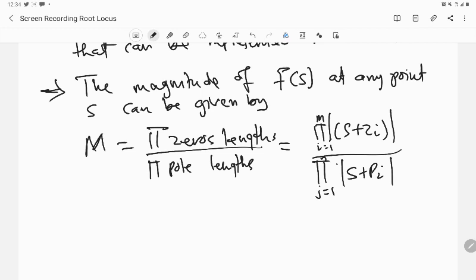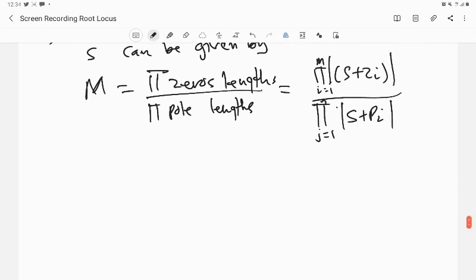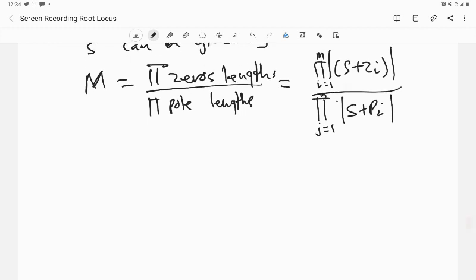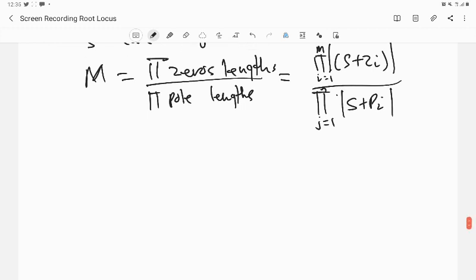So we plug in all the pj's and then we evaluate. So it pretty much is the product of all the zero lengths divided by the product of all the pole lengths, and that is going to give you the overall magnitude for the system.